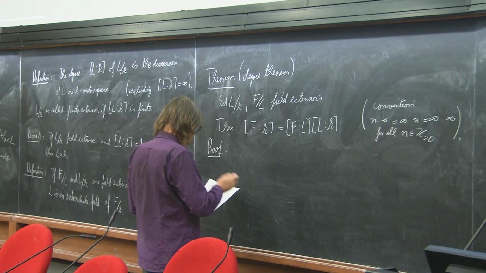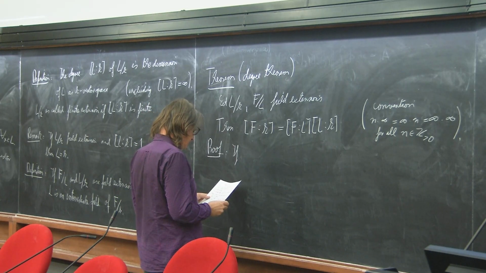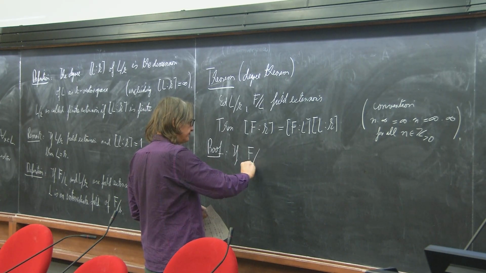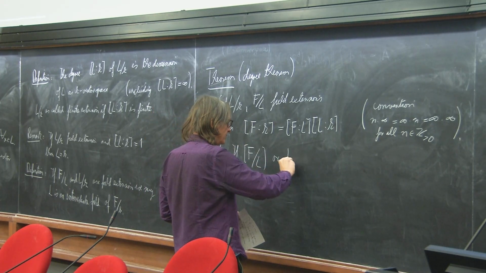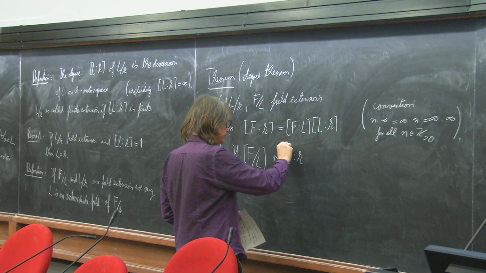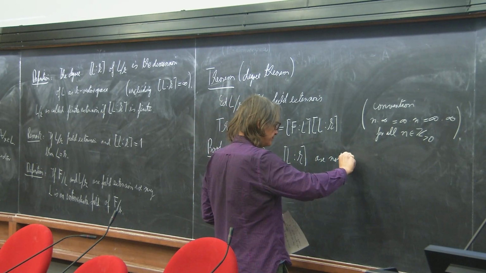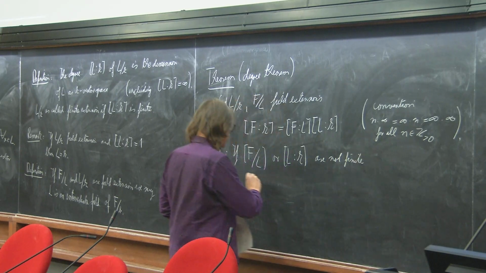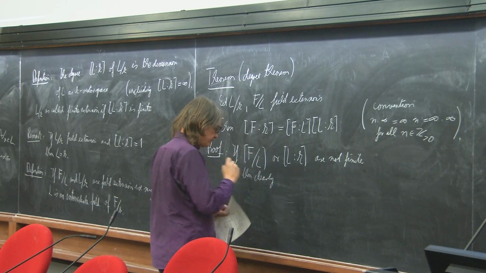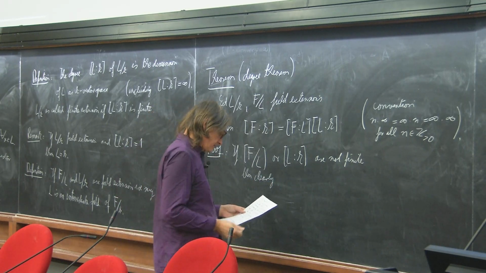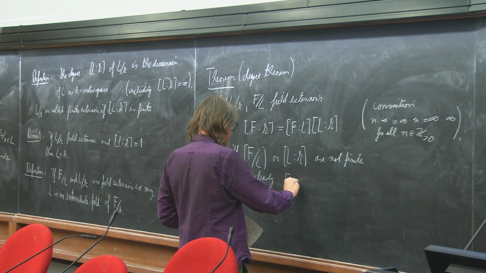So if, say, F over L or L over K are not finite, then clearly F over K is not finite.